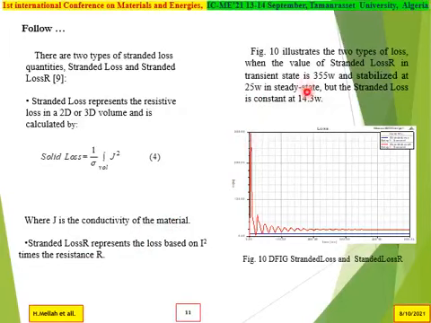Figure 10 illustrates two types of loss, where the value of solid losses in transient state is 355 watt and stabilized at 25 watt in steady state, but the other solid loss is constant at 14.3 watt.